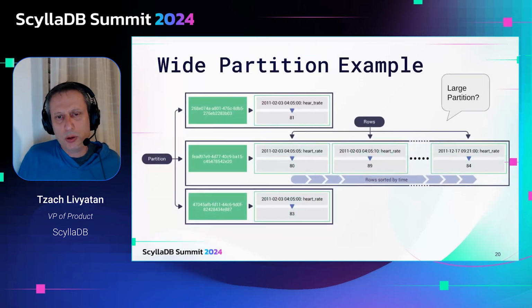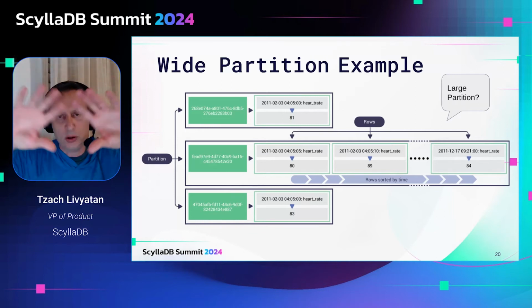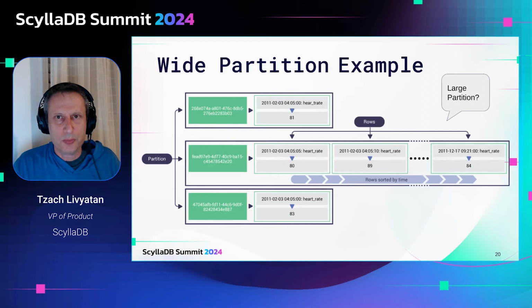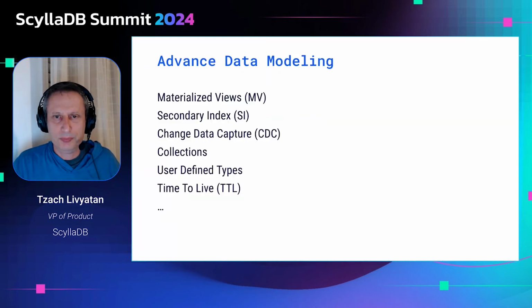And this allows you, for example, if you put the last value in first, to do ascending or descending order. It's very easy to find the last heart rate of each pet. It's also very efficient to take a range, for example, the last day of heart rate from a specific partition. And it can still be a sub-millisecond operation because the partition is local to a node. So it's not a cluster-wide operation, and it's very efficient.